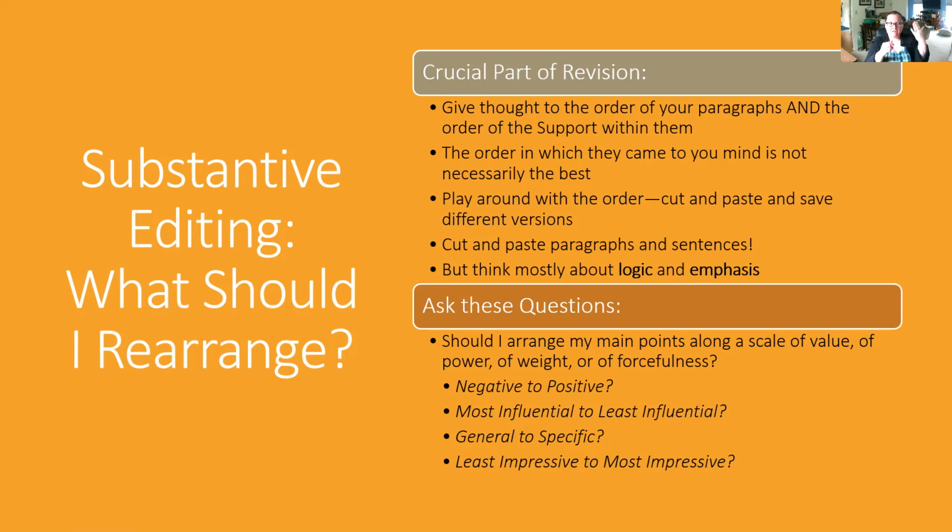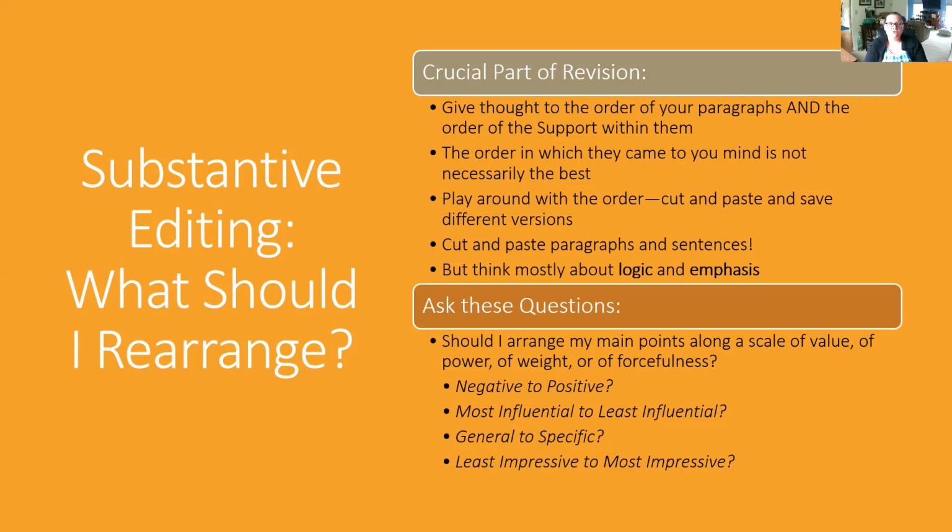Because the order that they came to you as you were creating your outline or doing your rough draft might not necessarily be the best order. So you want to play around with the order of your main points. You can even cut and paste the paragraphs and sentences and save different versions, and read through each one and see which order you think sounds the best.